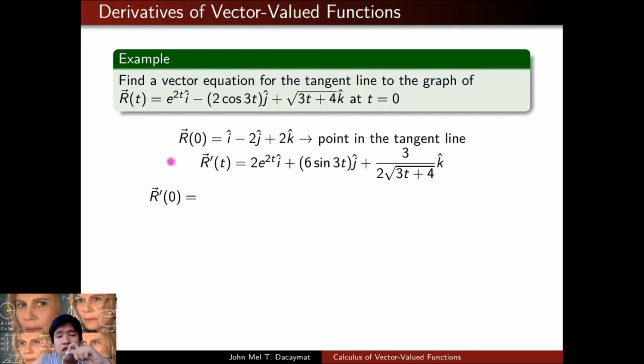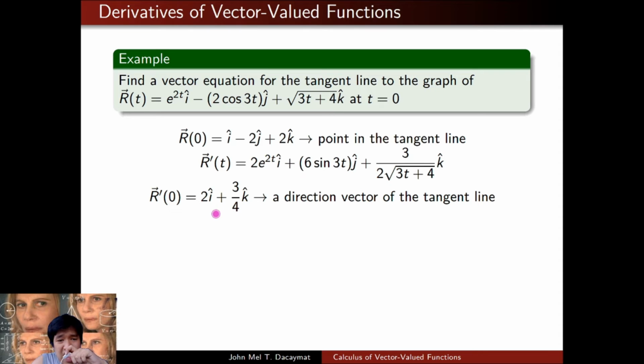So doing so, replacing all t with 0, first component becomes 2e to the 0, that's 2 times 1. Ito, magzi-zero out lang to kaya wala kang j hat dito. Ito, if you replace t with 0, yung square root na yan magiging square root of 4 na lang, so 3 over 4. So yan, we're good.